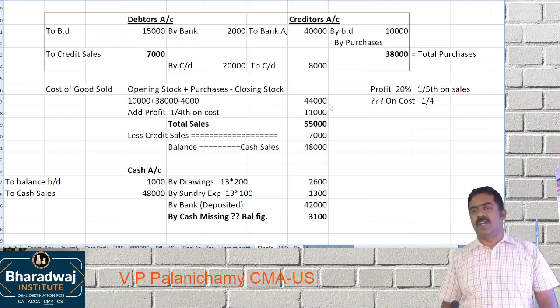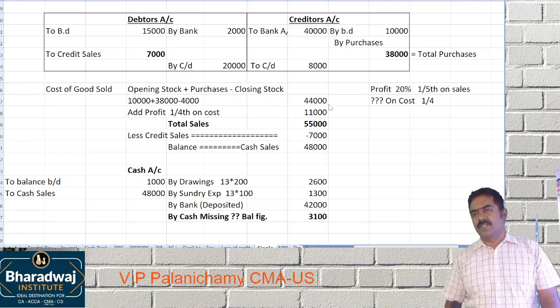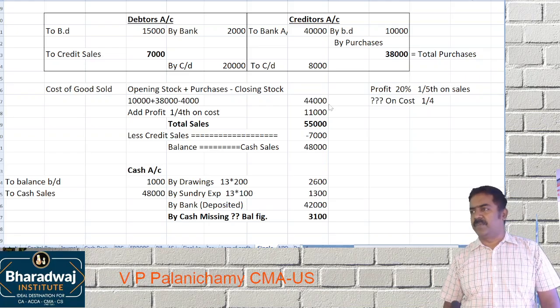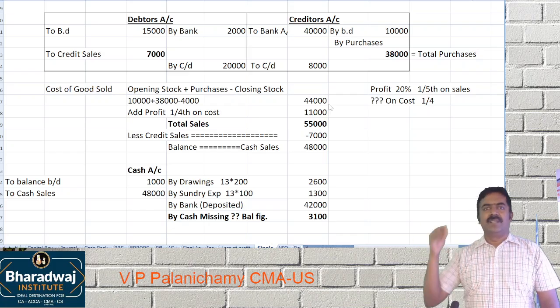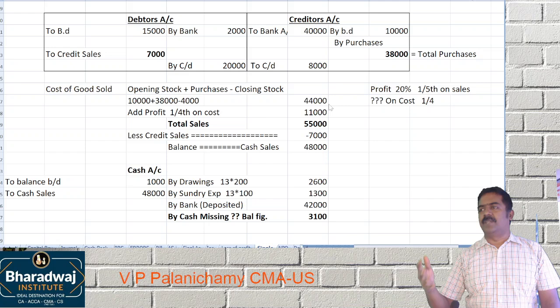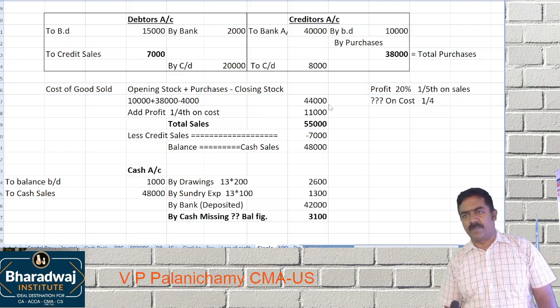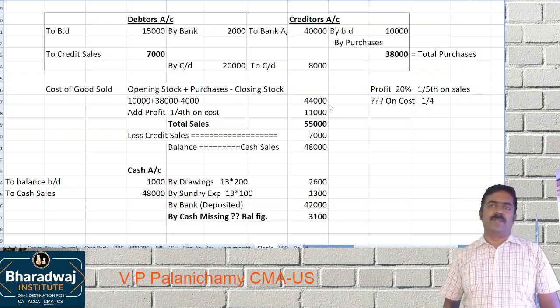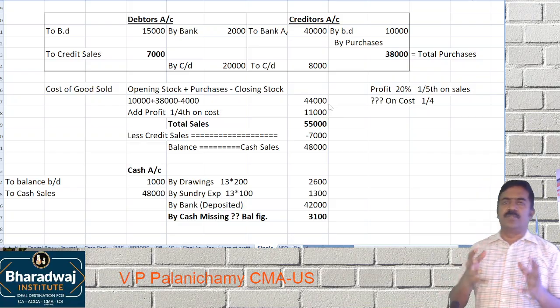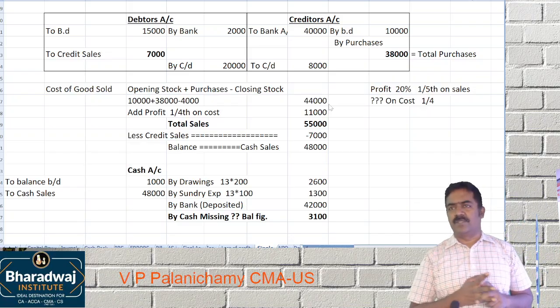In that we are able to solve 5 questions, which means on average around 20 to 25 minutes. This should be the time you take in the exam. Single entry system, maximum we should spend 30 minutes. For 15 marks, maximum how many minutes can you spend? 30 minutes, but you will be able to do it comfortably. So practice definitely gives you speed and accuracy.